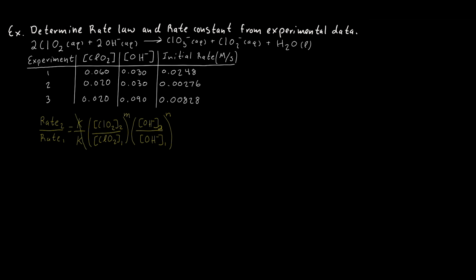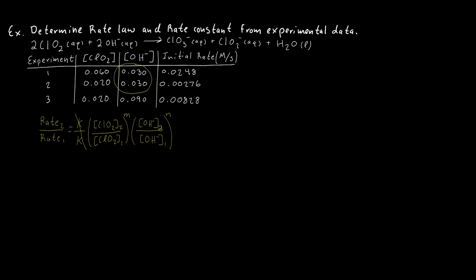And then if we plug in our concentrations for ClO2 and for OH- between the two experiments, what we can do is we can find an experiment where one of the concentrations are held constant. So if we look at experiment 1 and experiment 2, the concentrations of OH are both 0.03 molar.